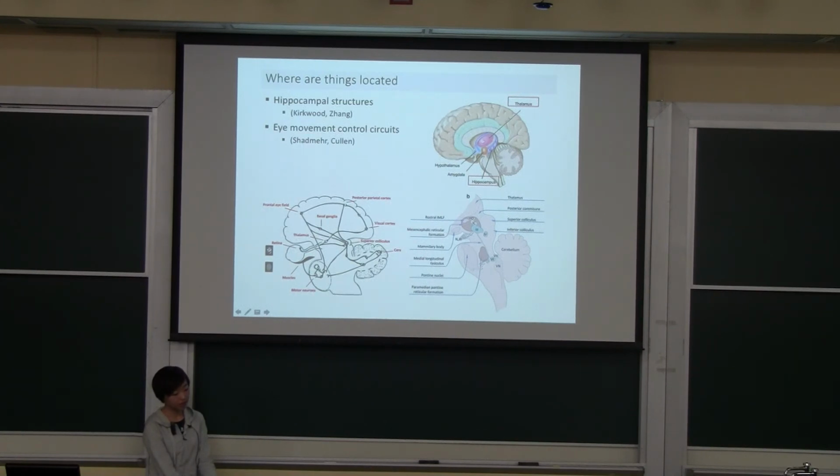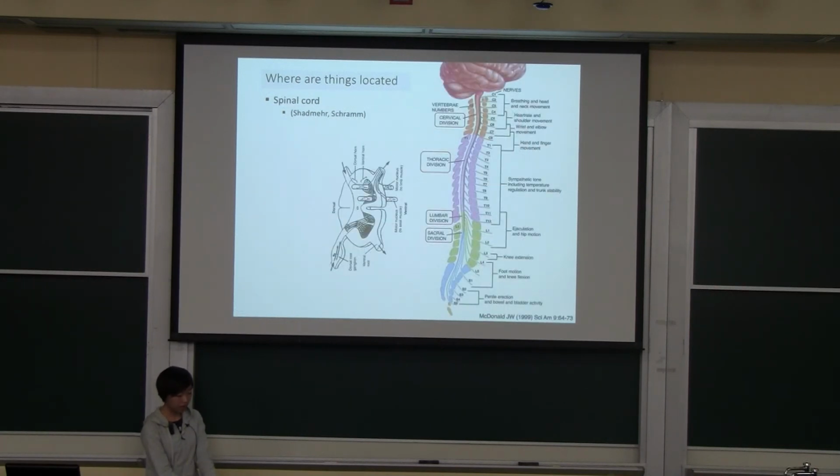Okay, then this part, thalamus, is where every sensory system goes into thalamus, then projects to the cortex. And spinal cord, just some memorizations for segments, and each segment controls a different part of your body. And this is a flipped structure, so this part is dorsal and this part is ventral.